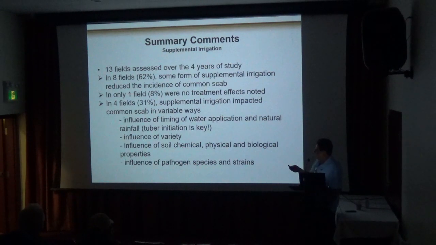But what we're finding is that the timing of water is really the key thing here. Scab usually affects right when those tubers are starting to form. And if you can have adequate moisture during that time period when the tubers are forming, that's the most important. So timing is huge.